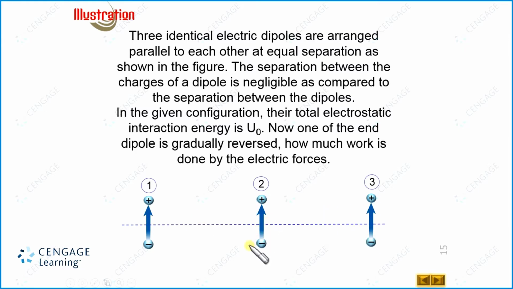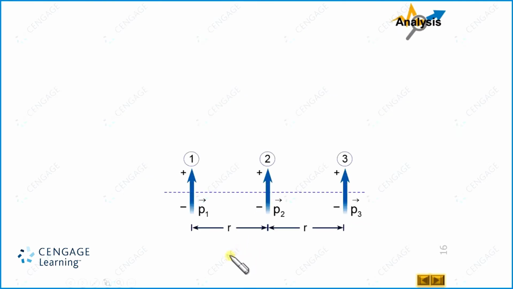Okay, so let us make the diagram on the next page. This is the situation. We have written dipole moment vectors P1, P2, P3 for dipoles 1, 2, 3, and it should be noted that P1 vector is equal to P2 vector equal to P3 vector, because we have identical dipoles.